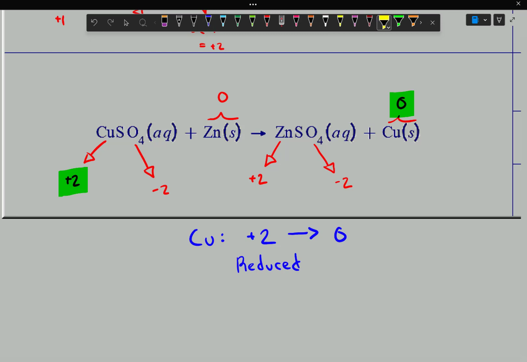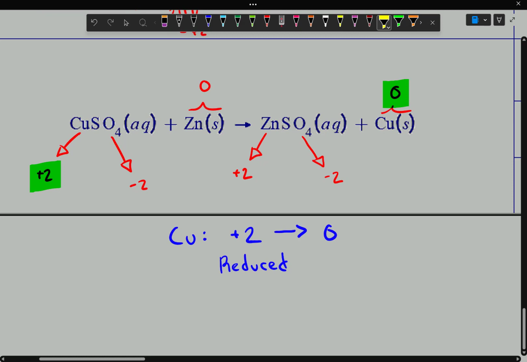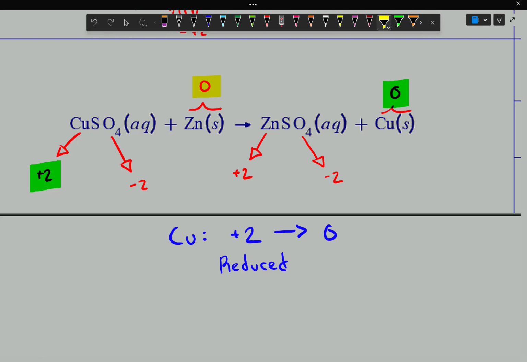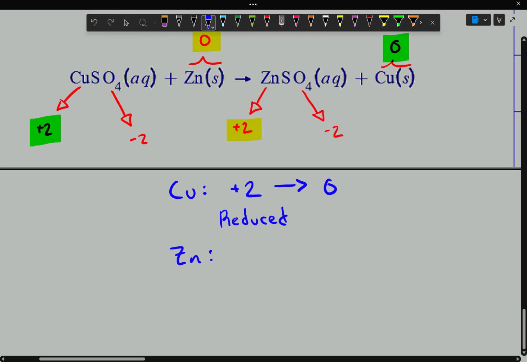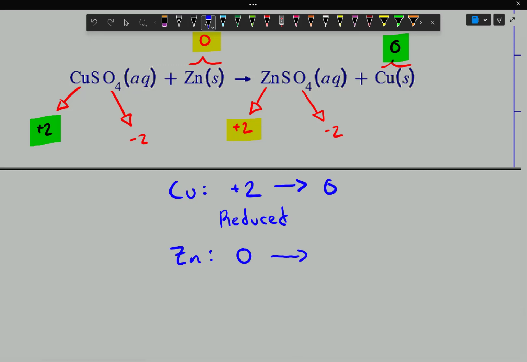Now, on the other hand, on the left we have zinc with a charge of 0, and on the right we have zinc with a charge of +2. So zinc is going from 0 to +2.